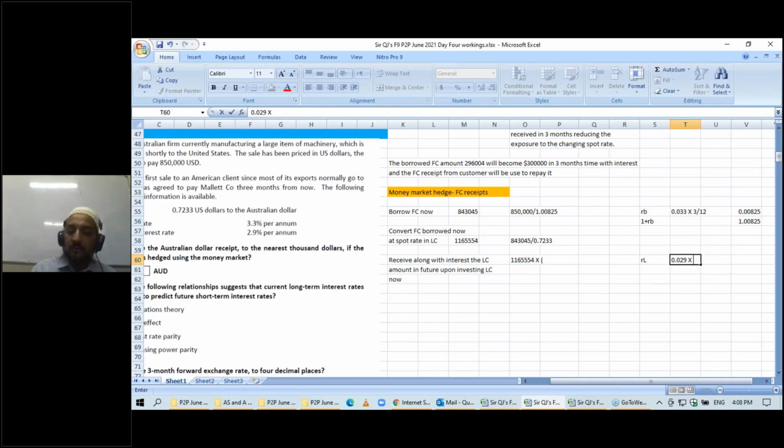Again, this is for the year. You will convert it into 3 months, and then we'll calculate 1 plus RL. So 1 plus RL becomes 1.00725.